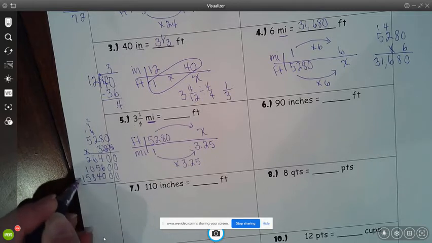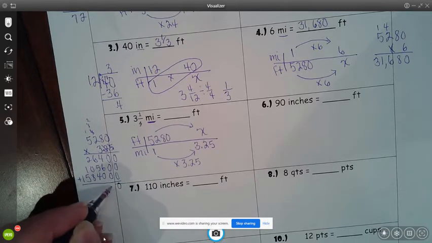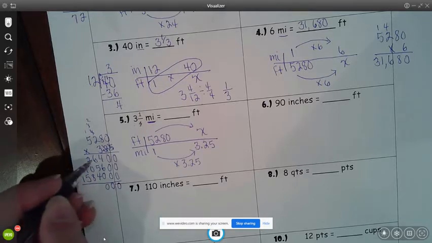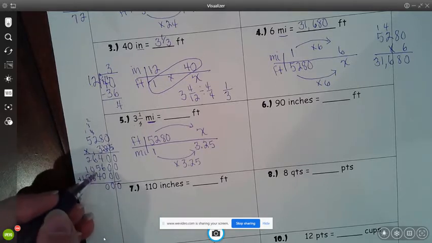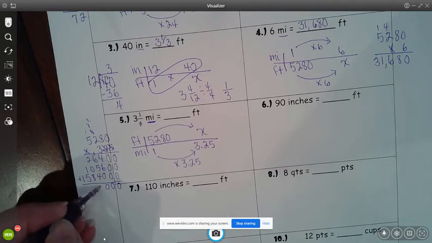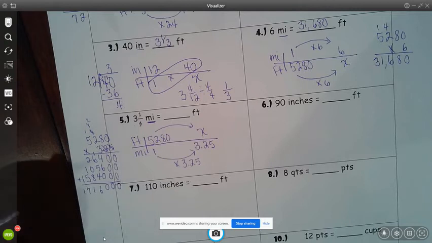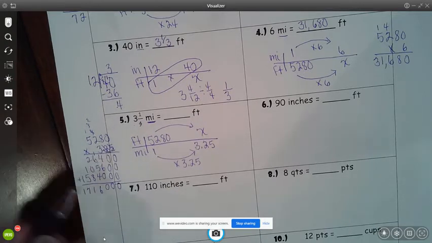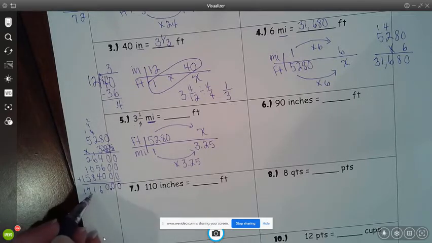And add down. Hope you're doing the math as well. Okay, once I have that done, I have 2 numbers behind the decimal, so I have to have 2 here. Looks like it's going to be 17,160 feet.